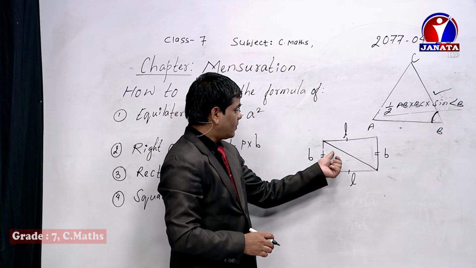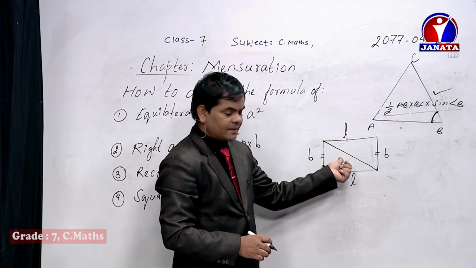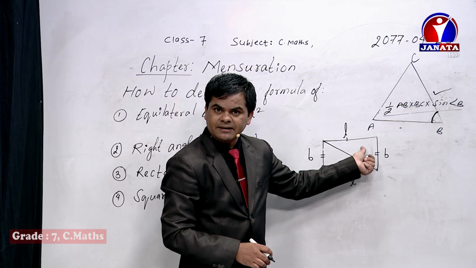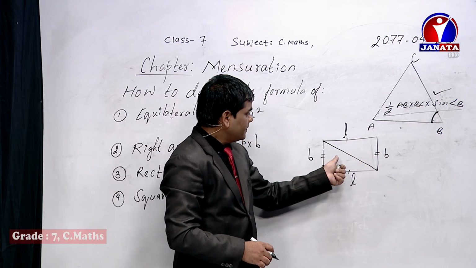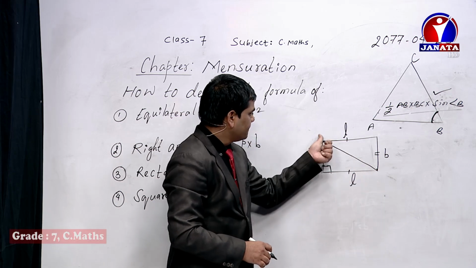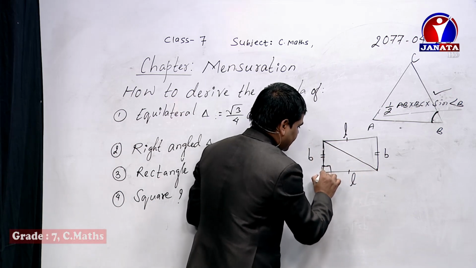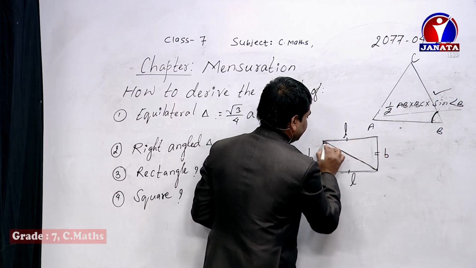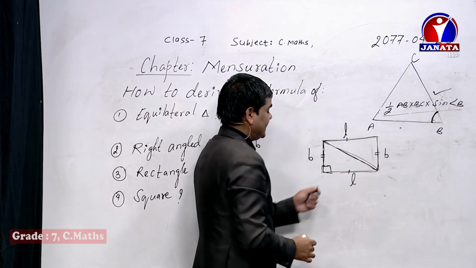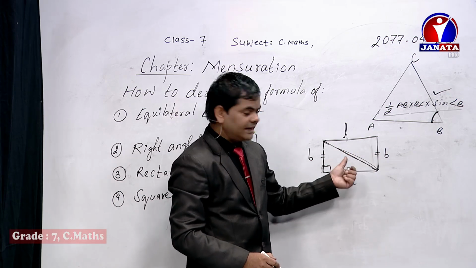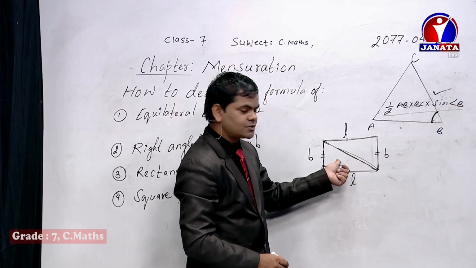That means the area of this triangle is exactly equal to this one. If we are able to find the area of just this one triangle, then we can find the area of the other triangle as well, because it is equal to this triangle.